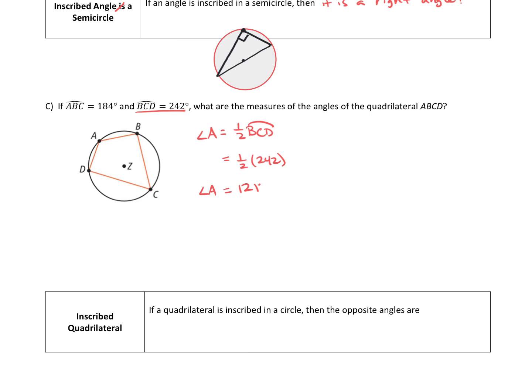All right, let's take a look at angle B. Angle B is an inscribed angle, the vertex is on the circle. If we follow the sides out, it's equal to half of the intercepted arc, which is going to go around this way, arc ADC. So angle B is equal to half of arc ADC.